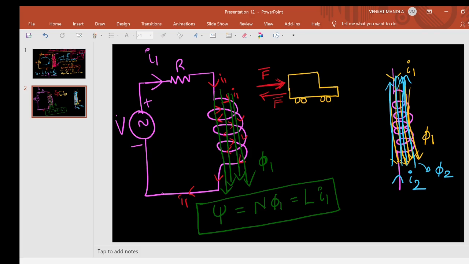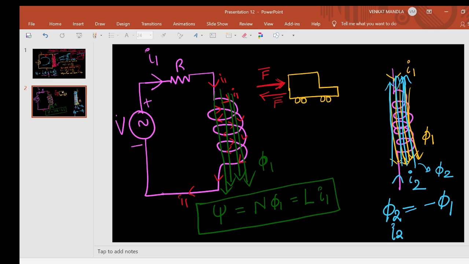So here the induced pi 2 is equal to minus pi 1, right? And I2 is also the same in magnitude, but opposite in direction. I1 is in the downward direction, I2 is in the upward direction.